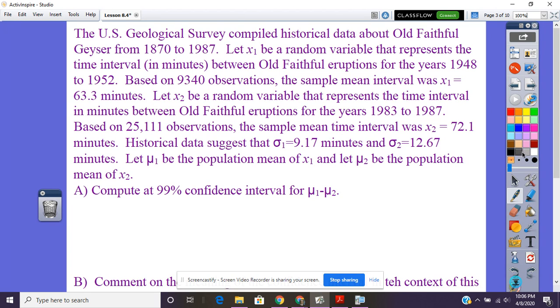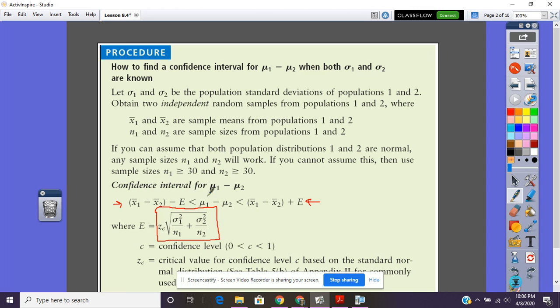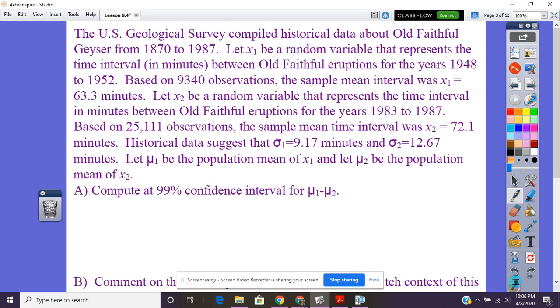All right. If you recall, these formulas right here, keep those handy. You will want those. So we need to use that formula to find our intervals for this one. Okay. So our margin of error formula for this one is going to be ZC times the square root of sigma 1 squared over n1 plus sigma 2 squared over n2.